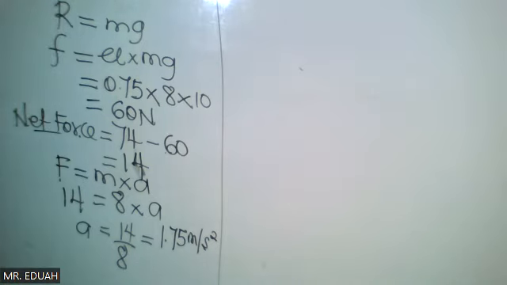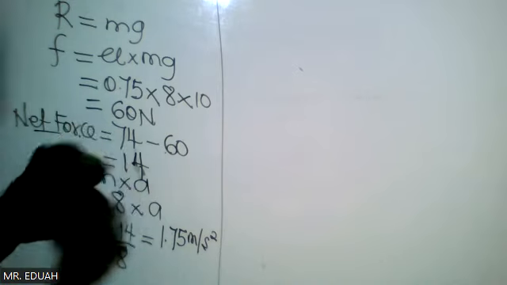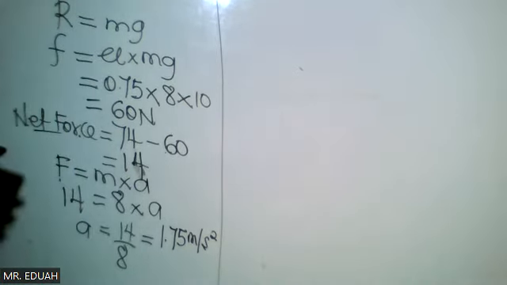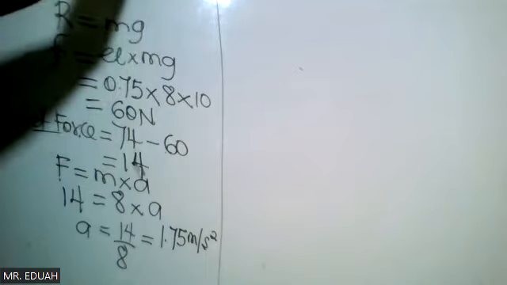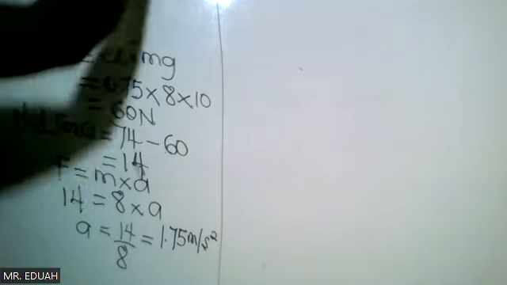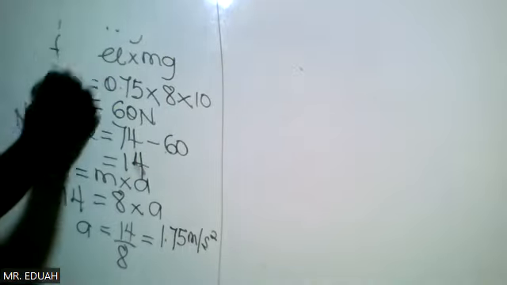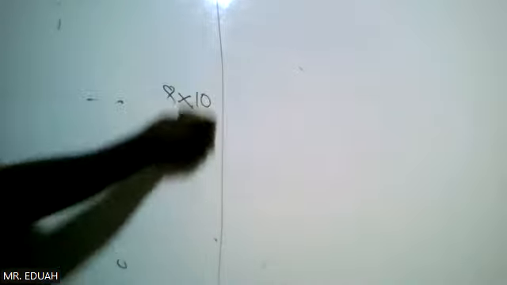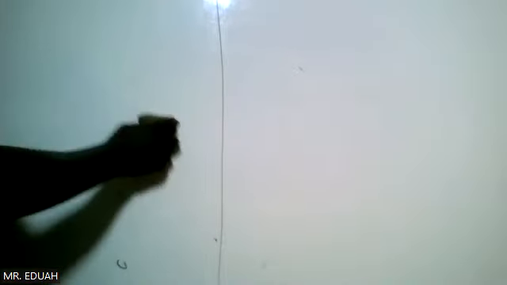So let's put the information given. Are you done writing? Okay, in order not to block this, let me clear and then draw. It is always a bit easier when you are able to draw.